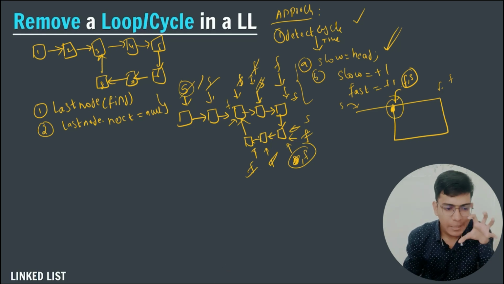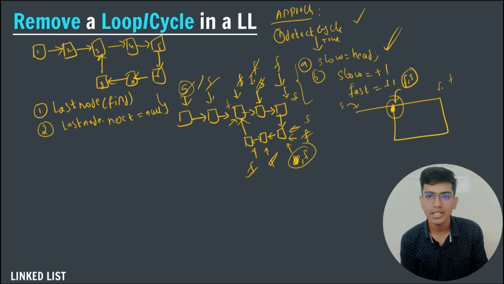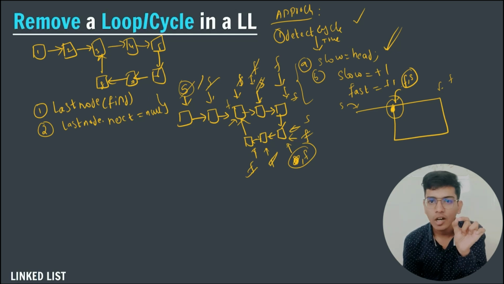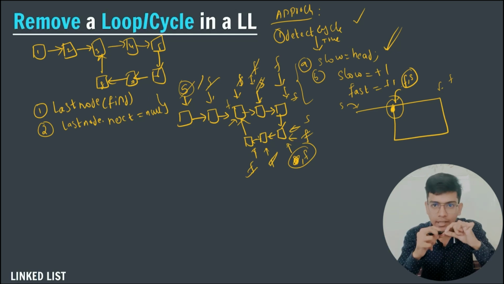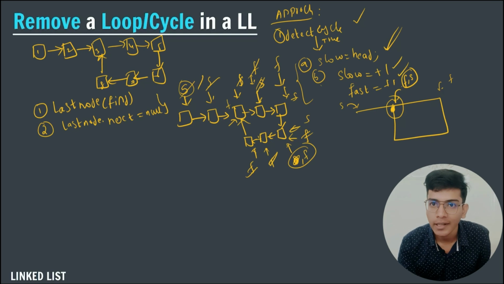If you want to study more about how we can mathematically derive this, then you can Google it. I'm not going into the mathematical stuff, but the meeting of the slow and fast pointer after incrementing slow by 1 and fast by 1 will be the cycle creation point. The point will be this.